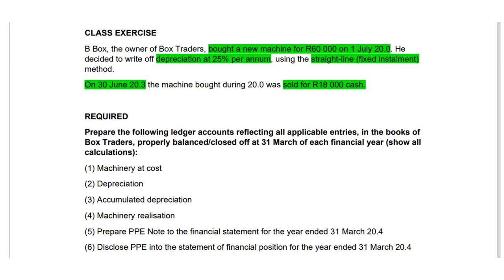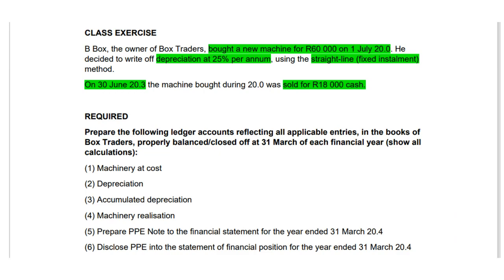And number 6, disclose the PPE in the statement of financial position for the year ended 31st March 20.4. We were told here that the financial year end of Box Traders is 31st March each financial year.